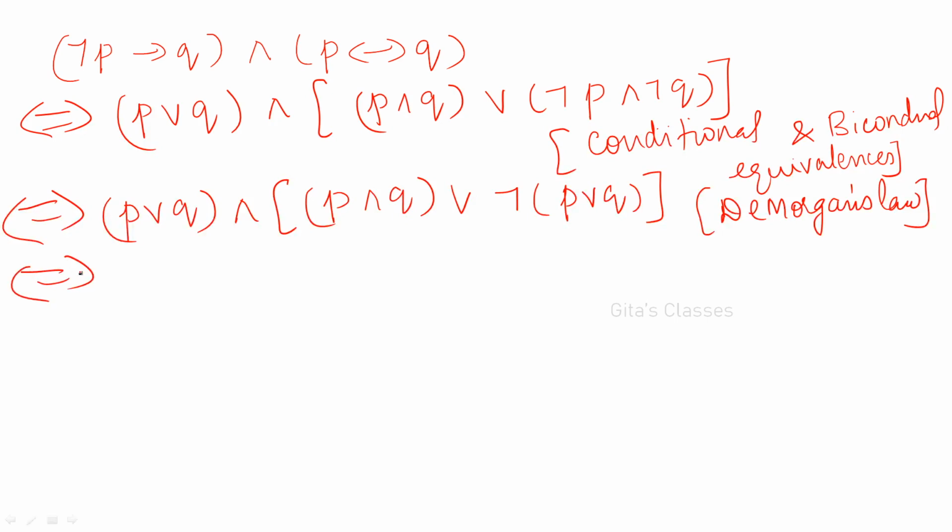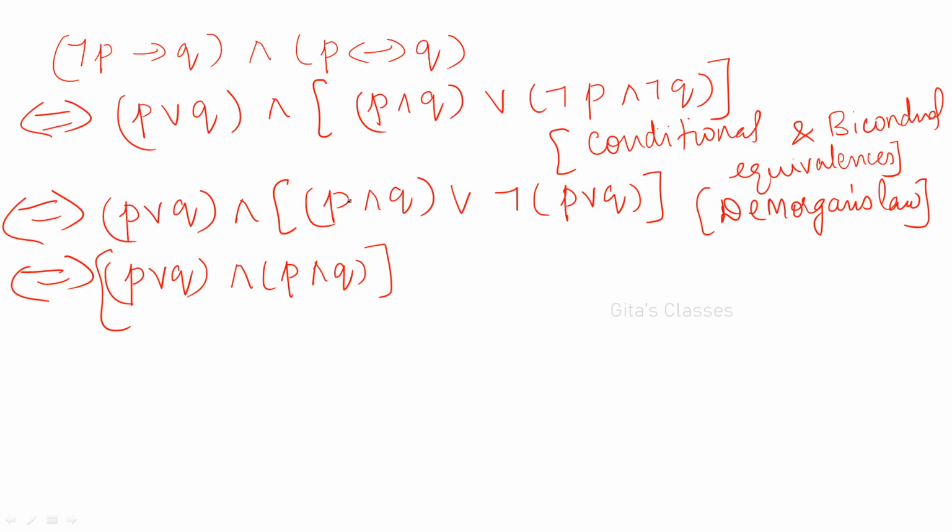So this is equivalent to, now I am going to apply the distributive law. You have this term and here R. So this one is one term and these two are another two terms. So P or Q, I am going to apply and over R. So P or Q and P and Q, I have applied this with this.